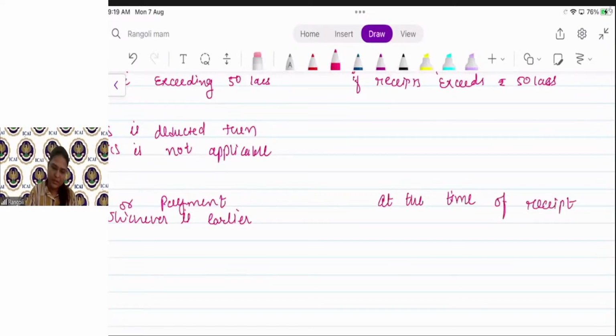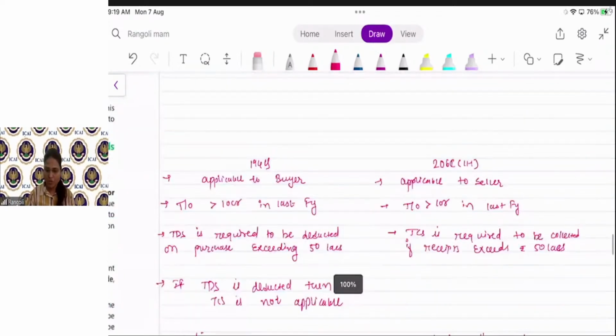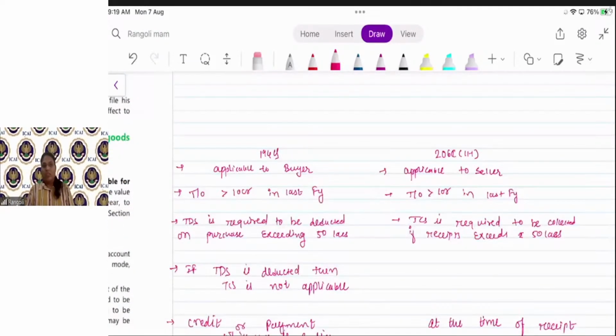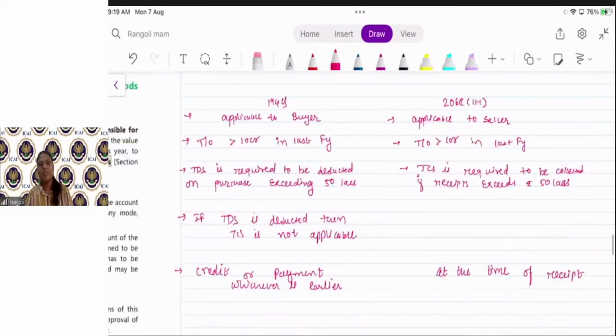Now, first I'll explain the concept of TCS in short. TCS full form is tax collected at source. In that case, it is the responsibility of the seller to collect TCS from the buyer. Say for example, I am paying 70 lakh rupees for purchase of goods.